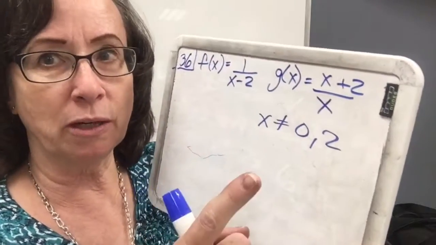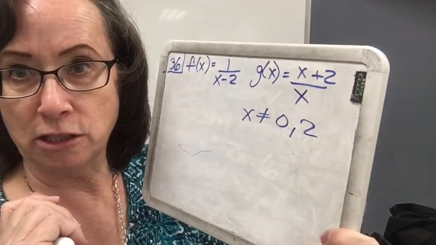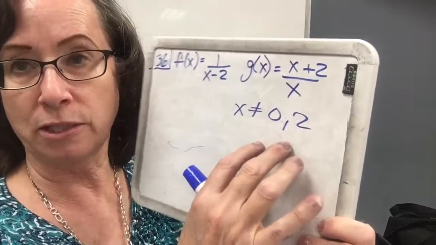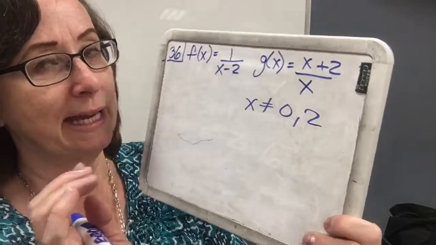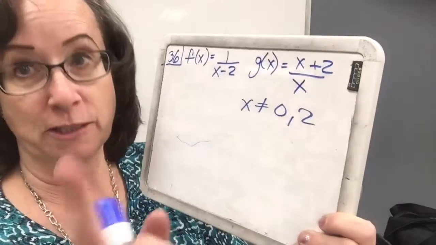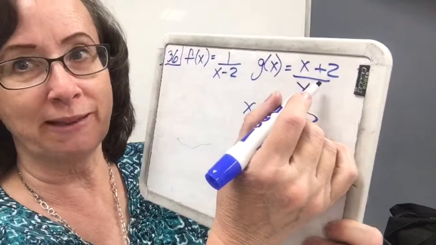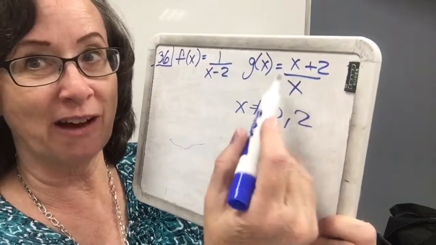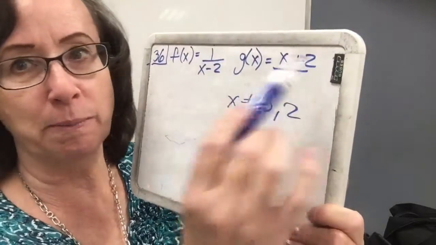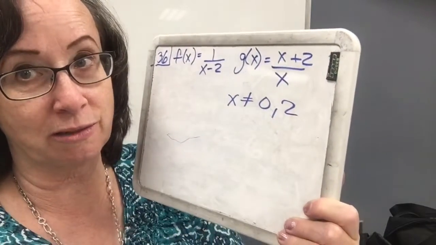That would work if I'm going to add the two functions together, subtract the two functions from each other, or multiply the two functions. These would be the restrictions on the domain. Now if I'm going to divide the two functions, it depends on which way I divide them, because if I divide this function by this function, remember when I divide, I flip and multiply, and now x plus 2 would be in the denominator, and I'd have an additional restriction.